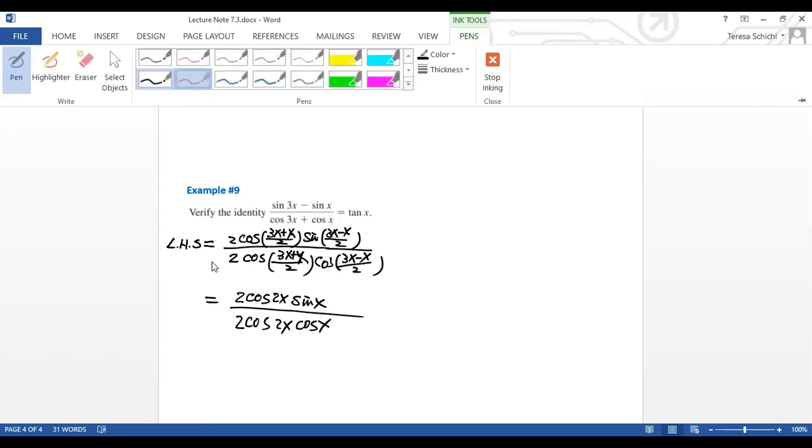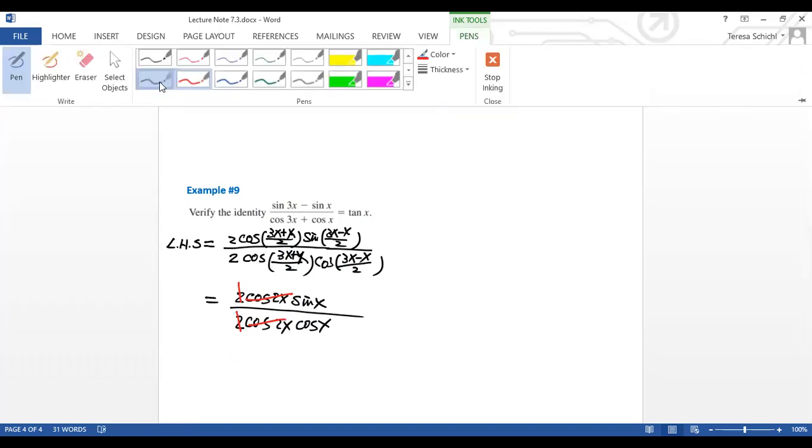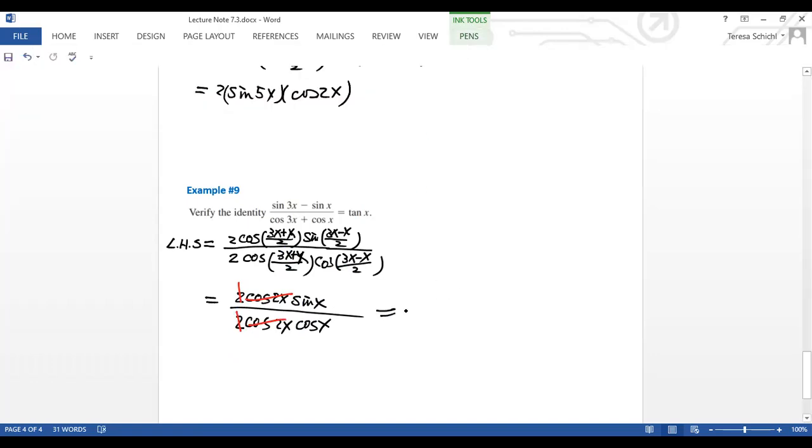A lot of things cancel: the 2 and 2 cancel, and the cosine 2x cancels. It looks very complicated, but it turns out to be pretty cool. So this is sine x over cosine x, which is tangent x, equal to my right-hand side. So I'm done with the proof.